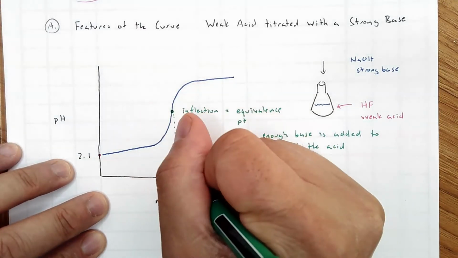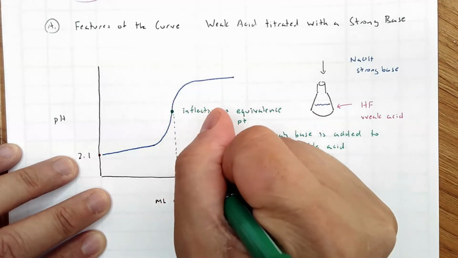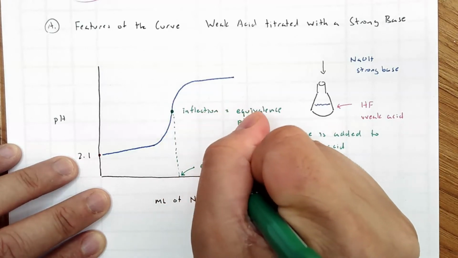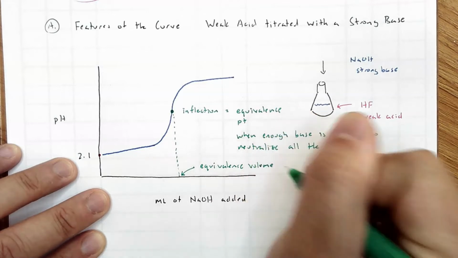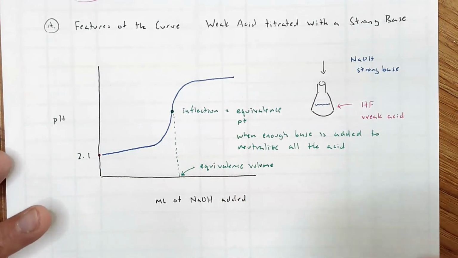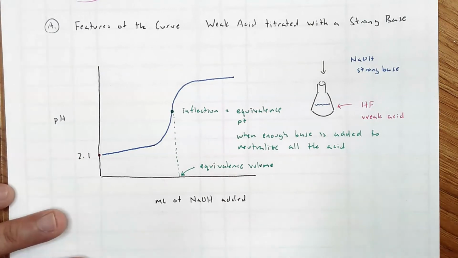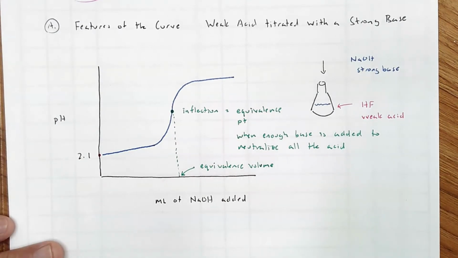I was going to say that's the only thing that doesn't change, but we'll see in just a bit. This is the equivalence volume. Actually, I do think that's the only thing that stays constant between the calculations we did with the strong acid, strong base, and the calculations we will do with the weak acid, strong base.